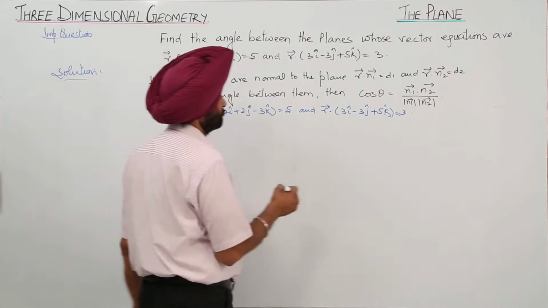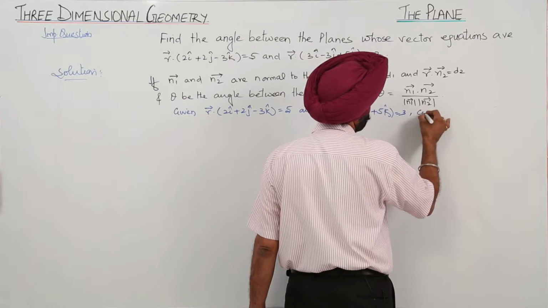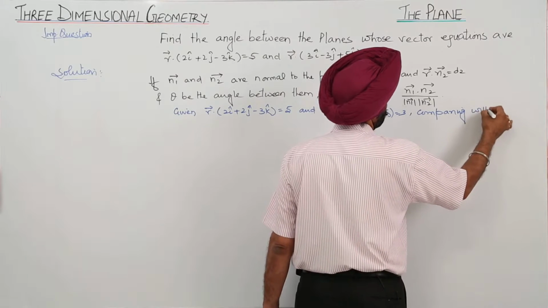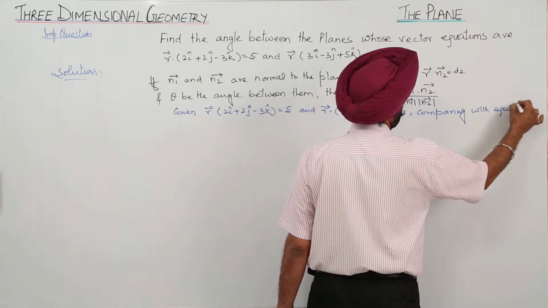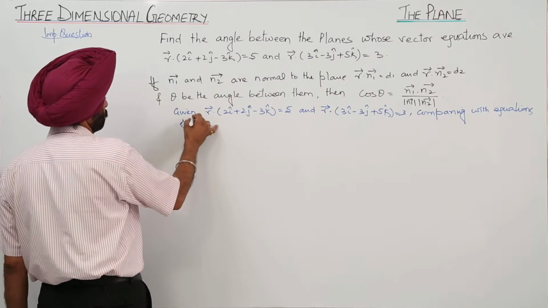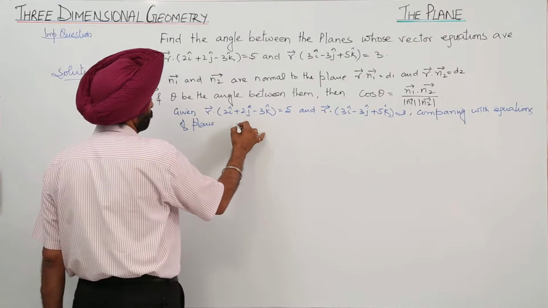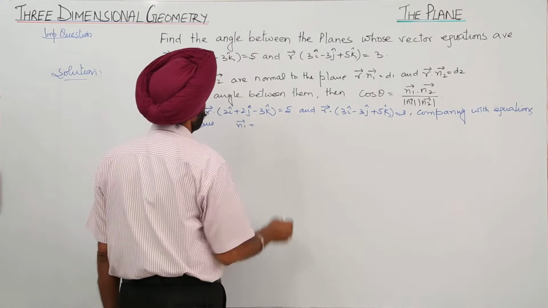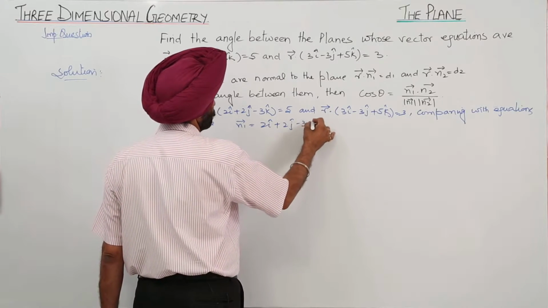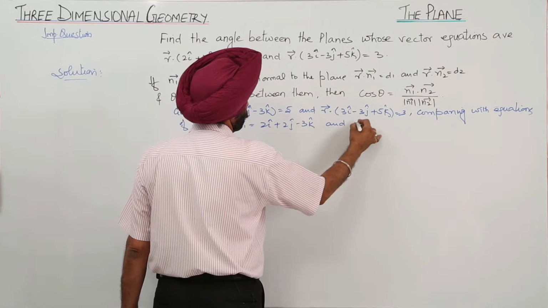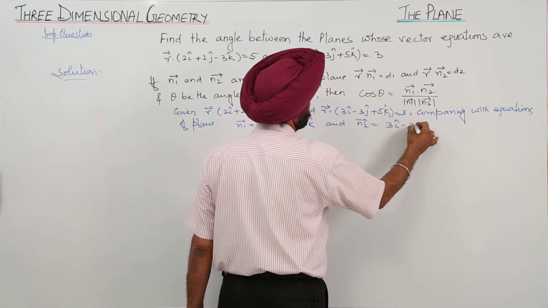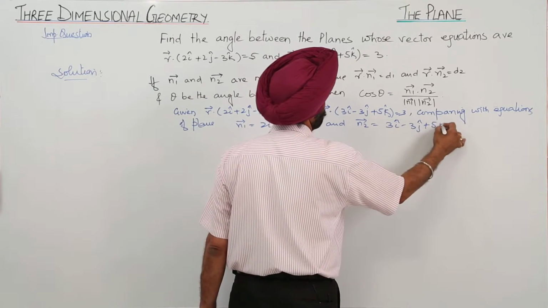Now, comparing with the equations of plane, vector n1 is 2 i cap plus 2 j cap minus 3 k cap and vector n2 is equal to 3 i cap minus 3 j cap plus 5 k cap.